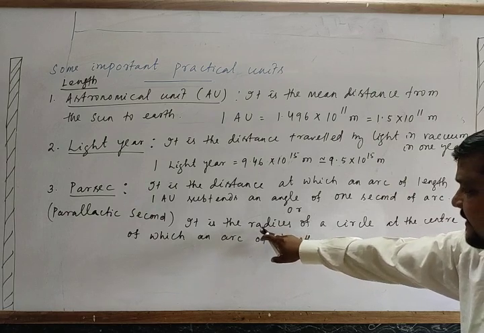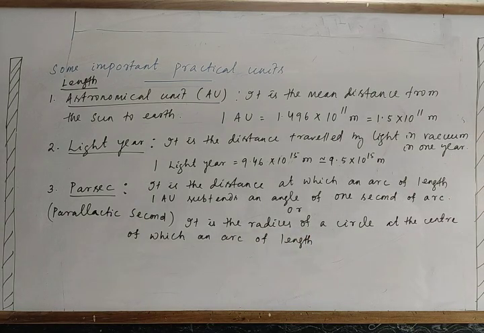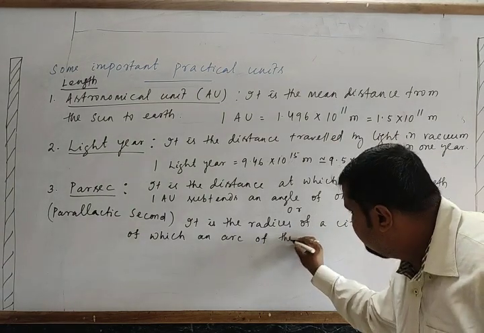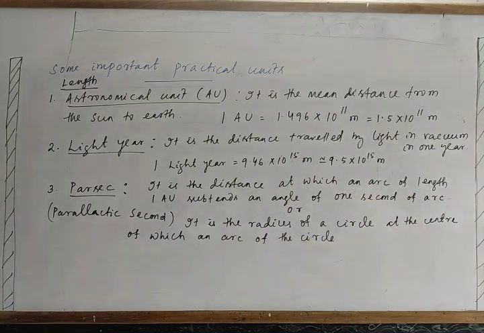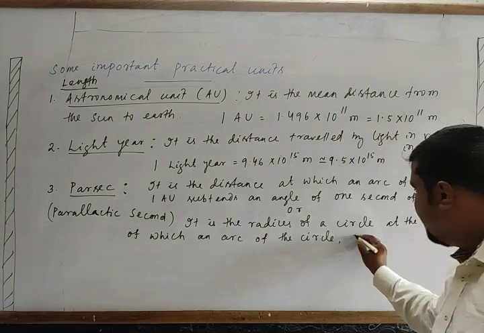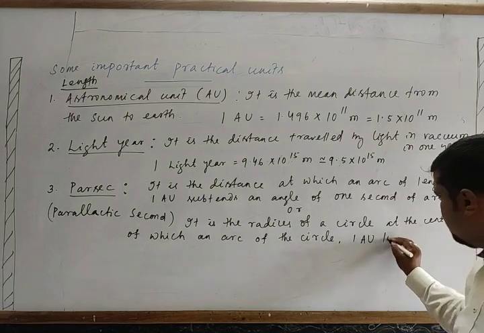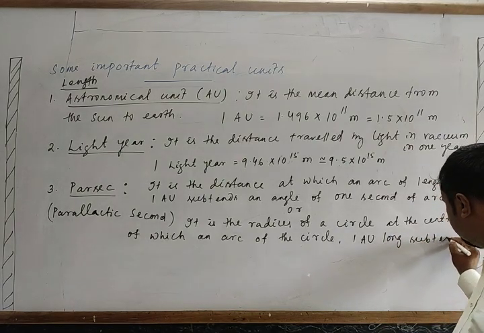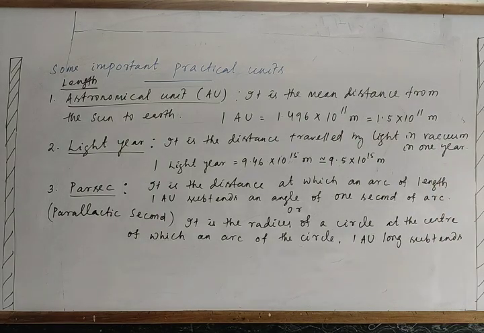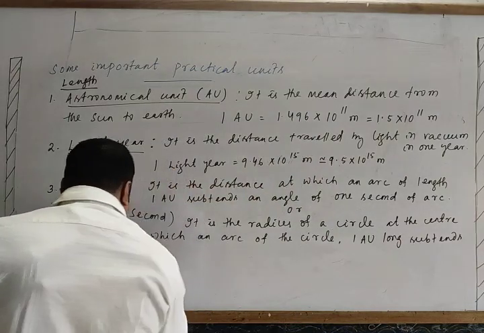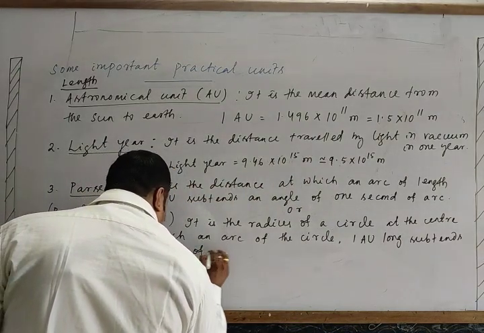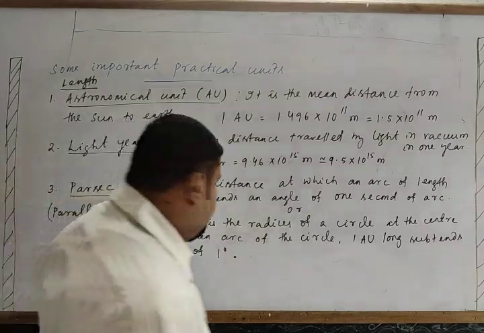So what have I written? It is the radius of a circle at the center of which an arc of the circle, one astronomical unit long, subtends an angle of 1 second.